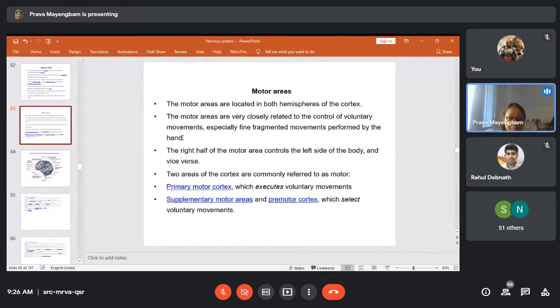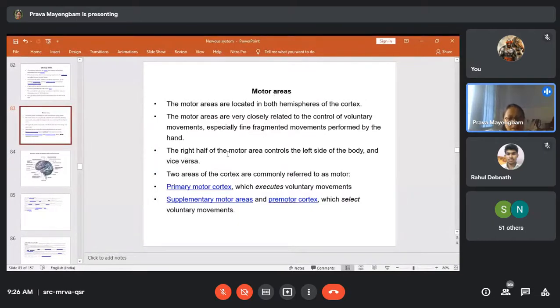That movement has to coordinate, means they have to help each other to catch hold of an object. So these activities are controlled by the motor areas. The voluntary movements are particularly controlled by the motor areas.